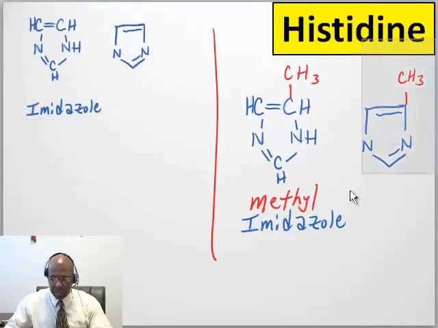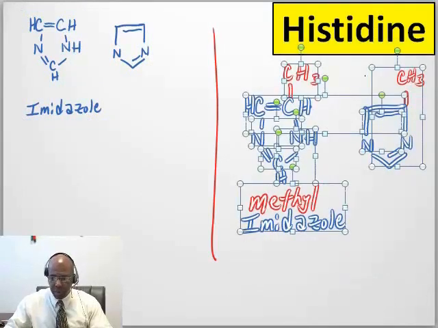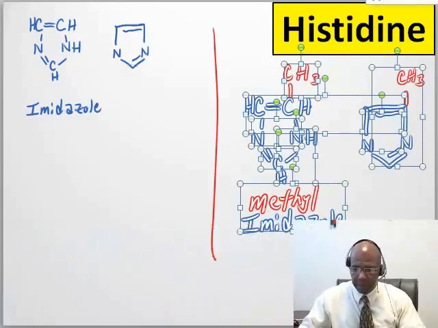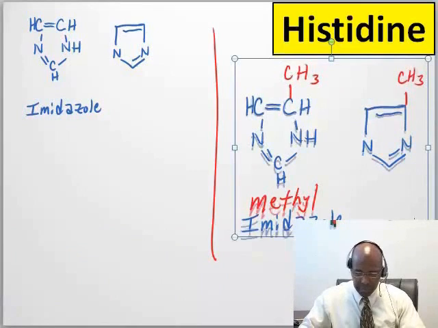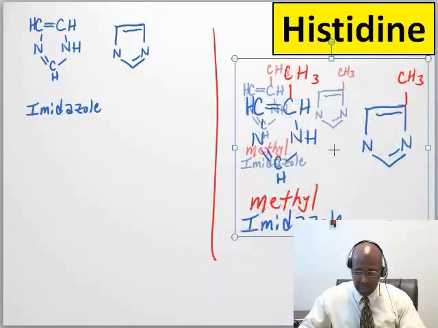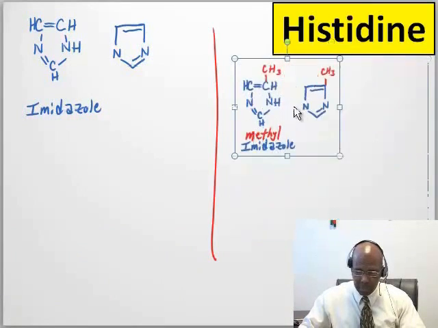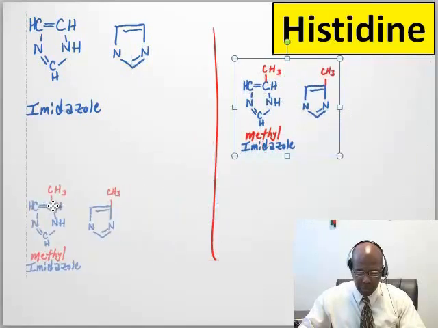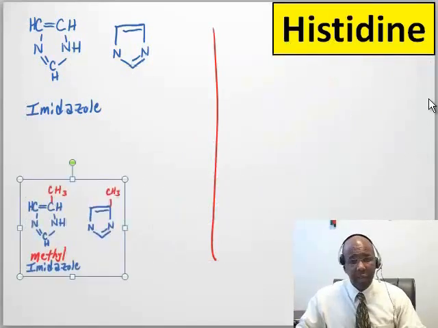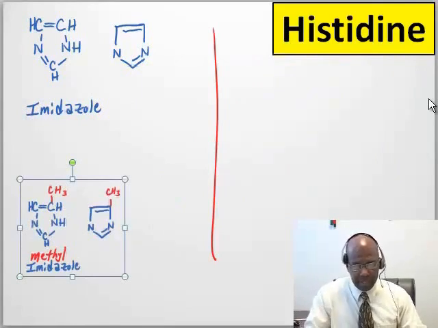And then here is methyl imidazole. Okay, we're going to group all of this together. There we are. Okay, we're going to make it smaller. And this is the one we need, methyl imidazole. Okay, we're going to take a methyl imidazole and put it here. Okay. Now let's draw our amino acid, histidine.